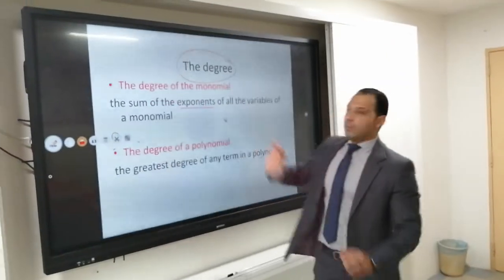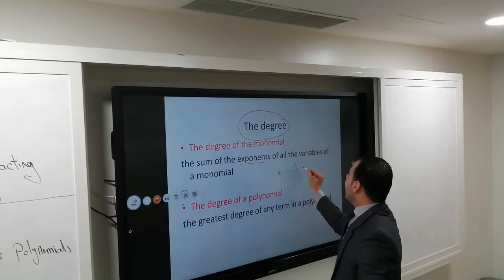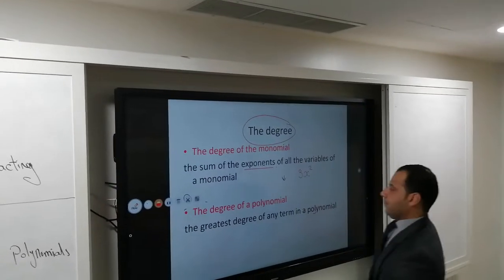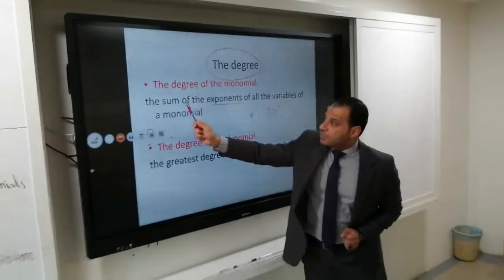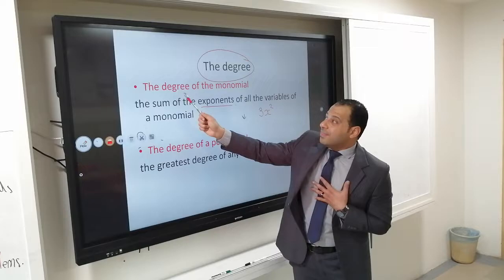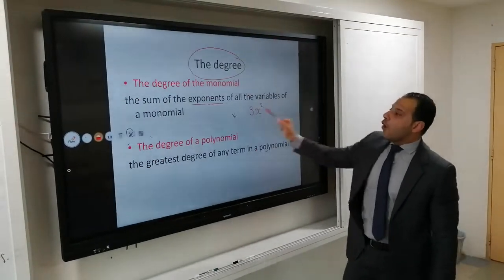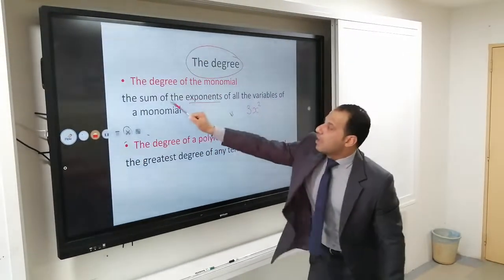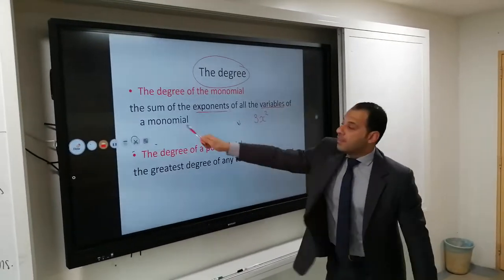The degree of a monomial. If I have a monomial like 3x squared, I want to find the degree. The degree is the sum of the exponents of all variables of the monomial.